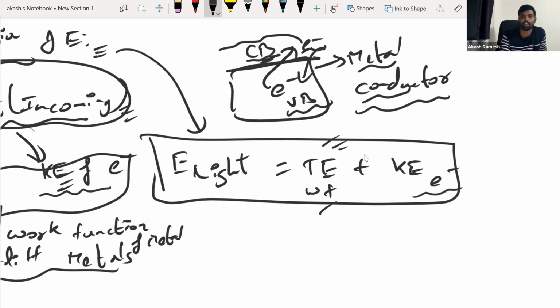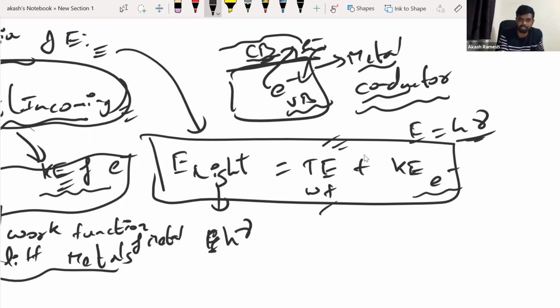Okay, right? Now I can write a little more detailed equation, right? I know E is equal to h nu, right? I know this formula, Planck's equation. So this energy of light, I write it as h nu is equal to work function, right? Now for work function, I have a symbol called psi. Okay, work function written by the letter psi.